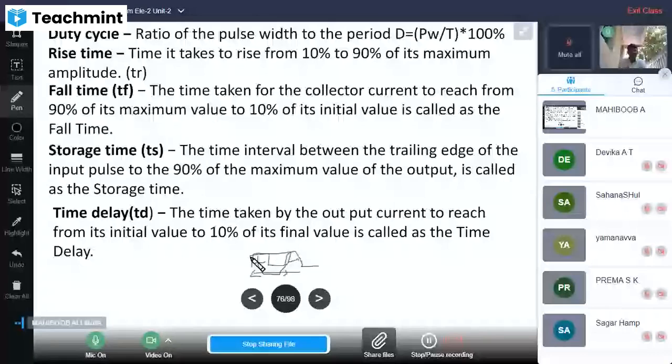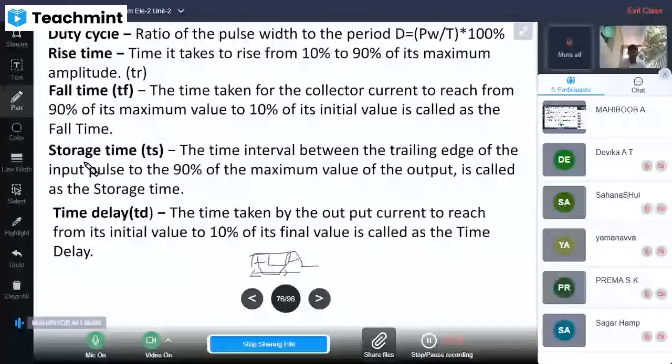Rise time is the time it takes to rise from 10% to 90% of the maximum amplitude and is denoted by TR. Fall time is the time taken for the collector current to reach from 90% of its maximum value to 10%, and is called fall time, TF.